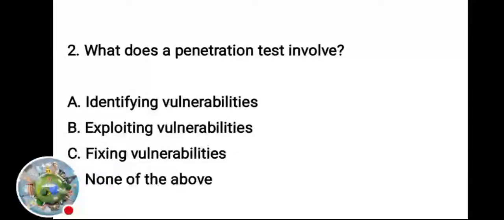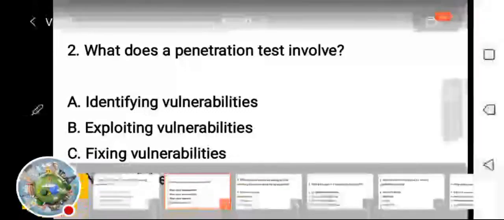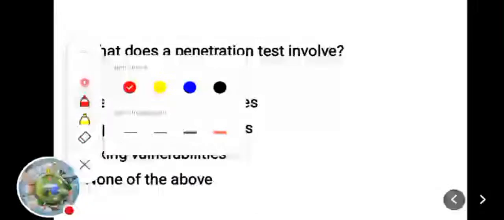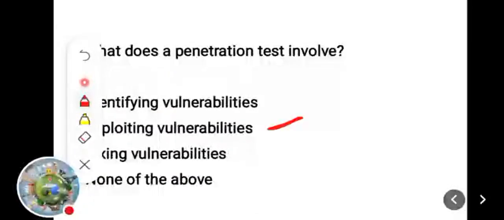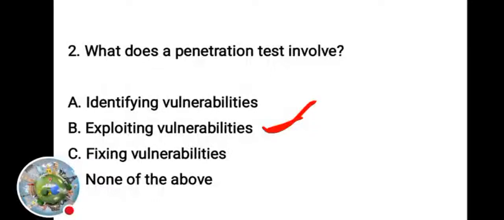So the answer is B. Why? Penetration testing involves actively exploiting vulnerabilities to assess the effectiveness of existing security measures. So the security measures existing in the system or application will be identified by using penetration testing.